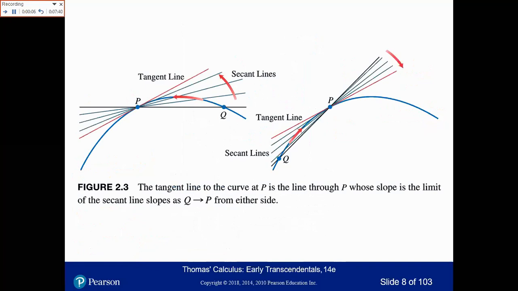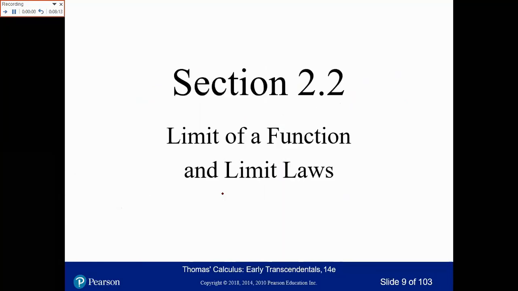The statement says the tangent line to the curve at the point P is the line through the point P whose slope is the limit of the secant slopes as Q goes to P, which is like h going to 0. Is that clear, guys? Everybody? Very good.